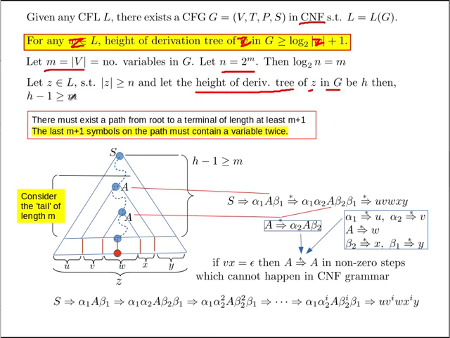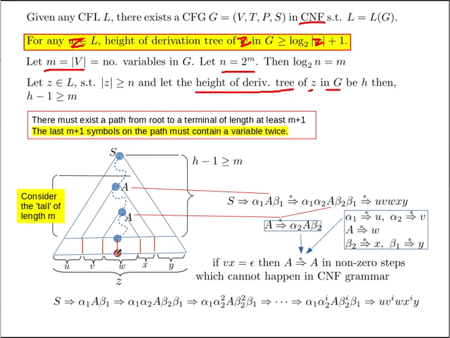And so now if this h minus 1 is at least m, then consider the longest path from root to some terminal. Whatever the height is, if it is h, then there exists at least one path which has length exactly h from this root S to say a terminal.